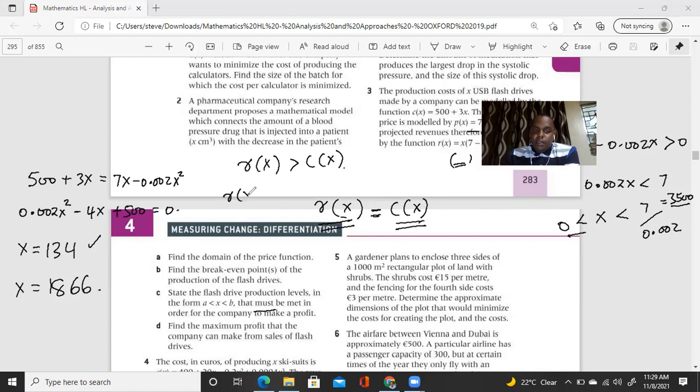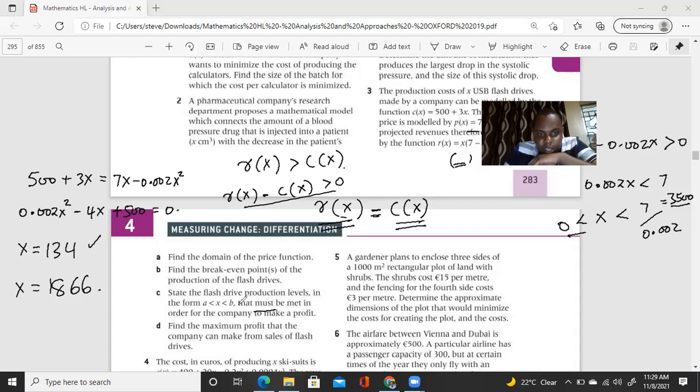So Rx minus Cx has to be greater than 0, right? And we already solved such an equation before.